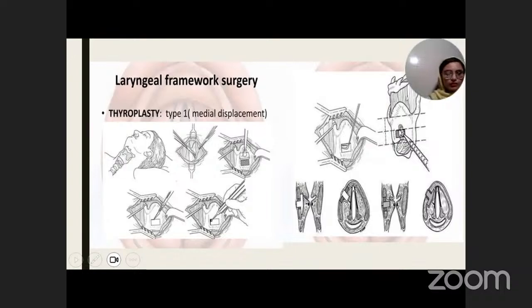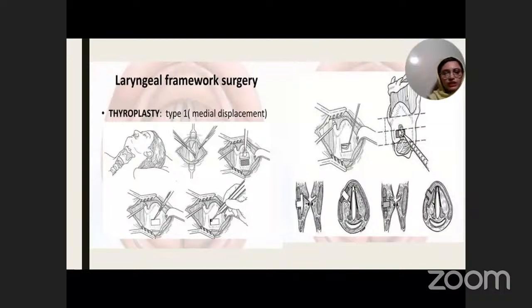Here is a diagram showing thyroplasty type 1.